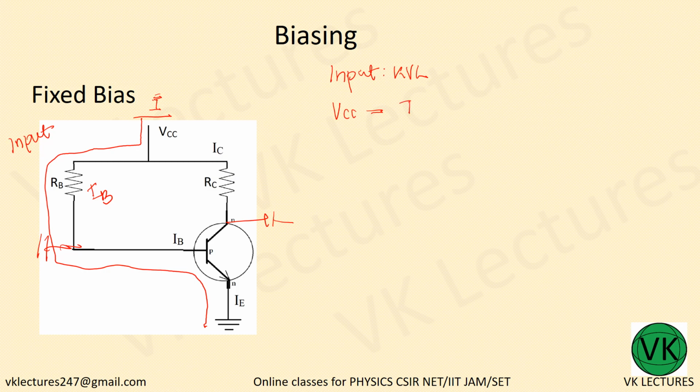So IB times RB plus, now there is a voltage drop across these two ends. The voltage drop across these two ends is called VBE, base to the emitter. That value is usually around 0.7 for silicon and 0.3 for germanium, plus 0.7 volt.